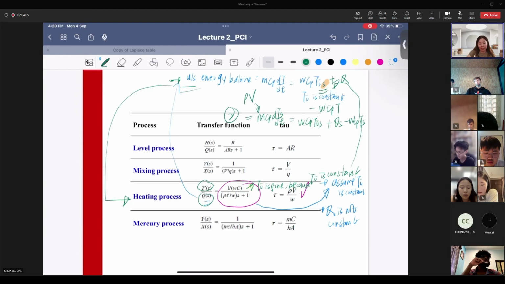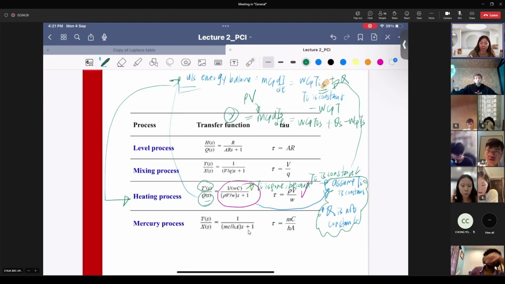So treat this one as an additional example where we assume different things. Please take note. We assume different things, you'll be getting a different answer. First example I derived, I assume Q is constant, Ti is not constant. Therefore, my answer will be having Ti here.